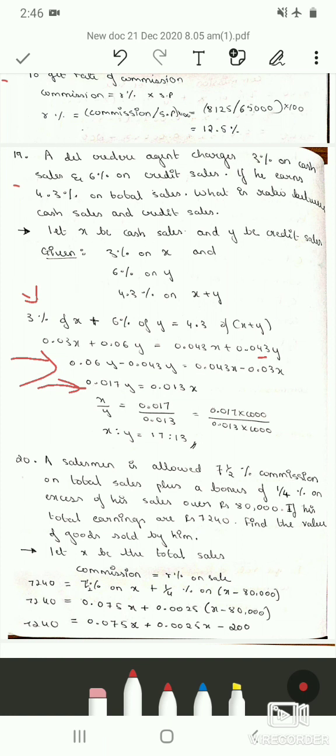Therefore x divided by y is equal to 0.017 divided by 0.013. We know a ratio can be expressed in terms of fractions. So therefore x is to y is equal to 17 is to 13, or you can also keep it as 0.017 is to 0.013.